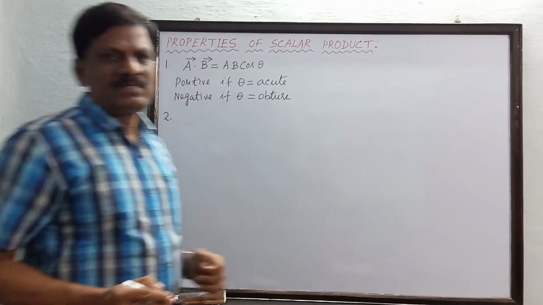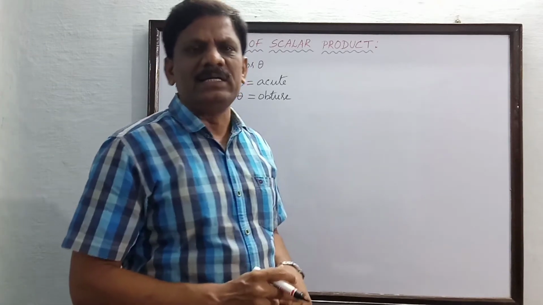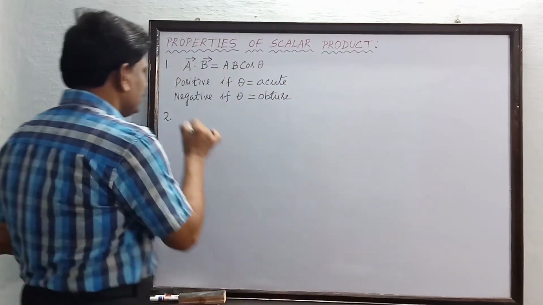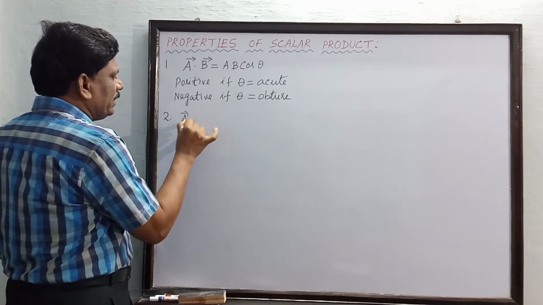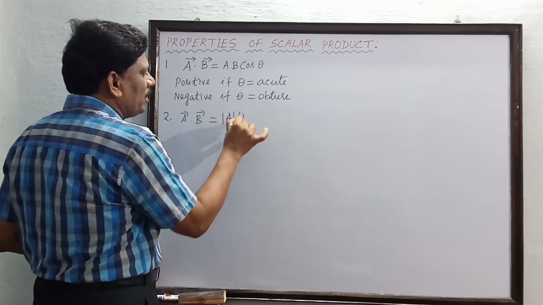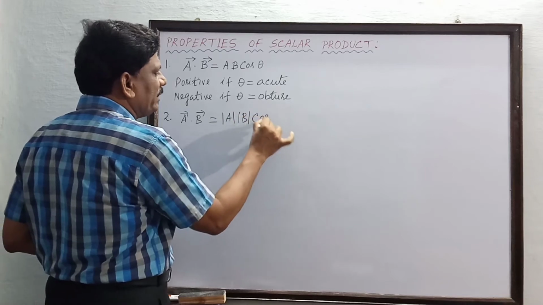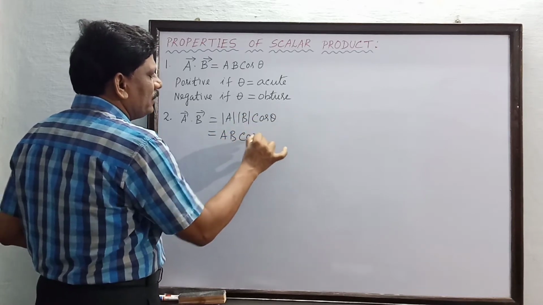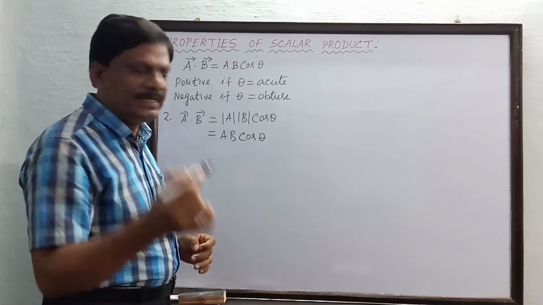Now you have studied the commutative law, is it not? What is the value of A dot B, once again? A B cos theta, that is modulus of A into modulus of B into cos of theta. Now what is the value of B dot A then?